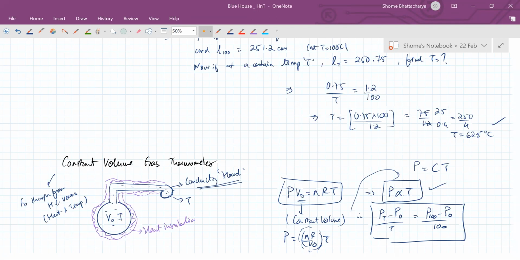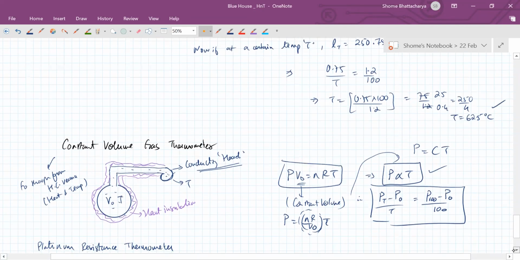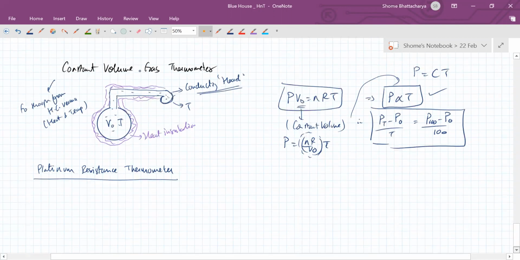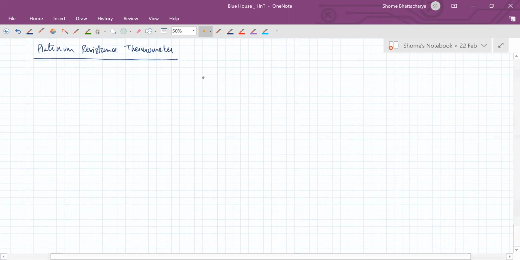Okay. So like that, in a platinum resistance thermometer, the resistance of a platinum wire R is proportional to temperature.